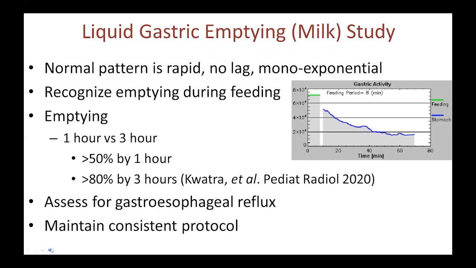Because these values are similar in performance, it of course is much easier to perform the 1 hour study. It's important to look at the images to assess for gastroesophageal reflux, and it's important to maintain a consistent protocol so that patients can be compared from one study to the next, and that referring physicians understand the significance of a particular result.